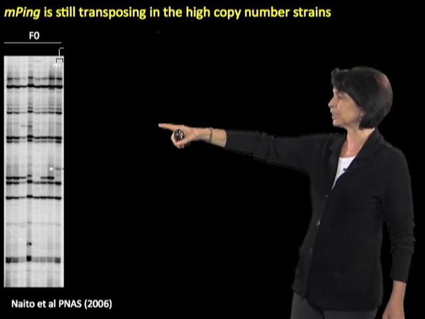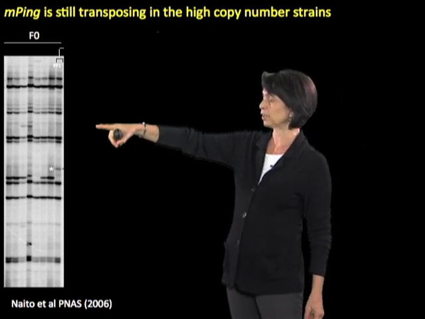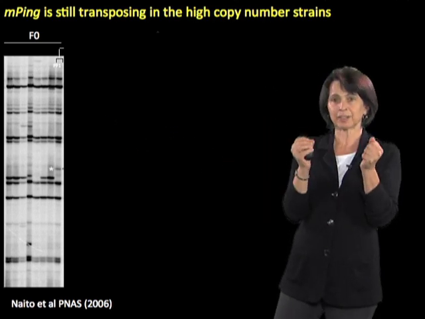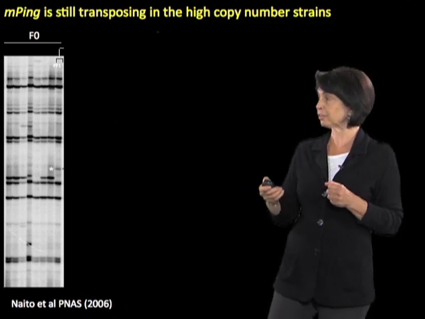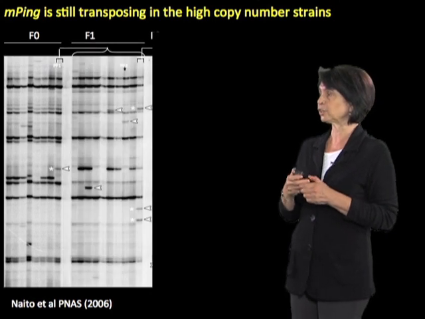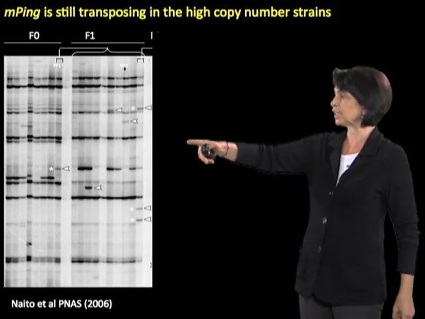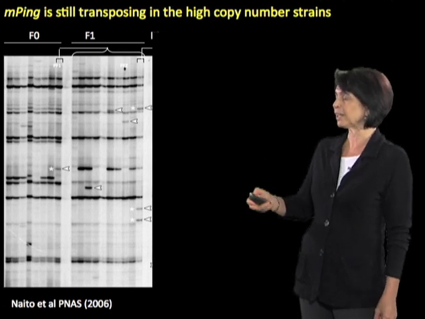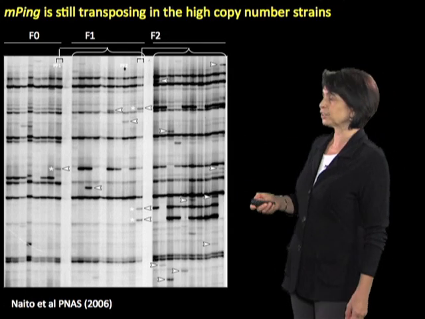So she took the last plant here, the very last one. She took 10 seed from that plant, and she grew the next generation. And she did the same thing, transposon display. She took seed from the last plant here, 10 seed from that plant, she grew it up, here's the last generation.